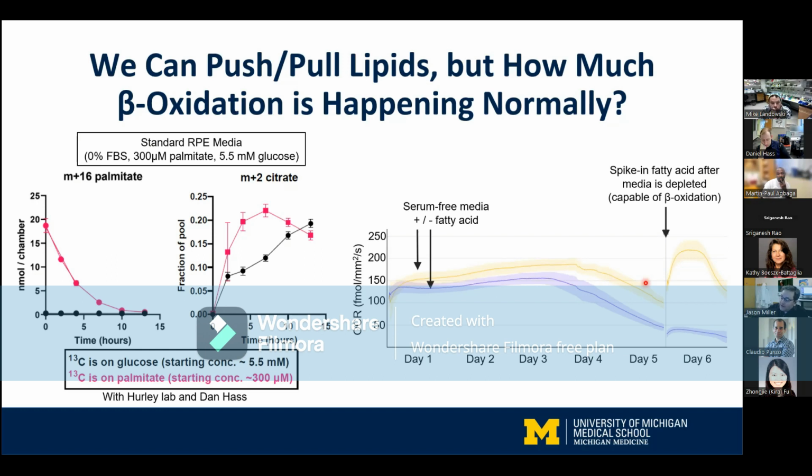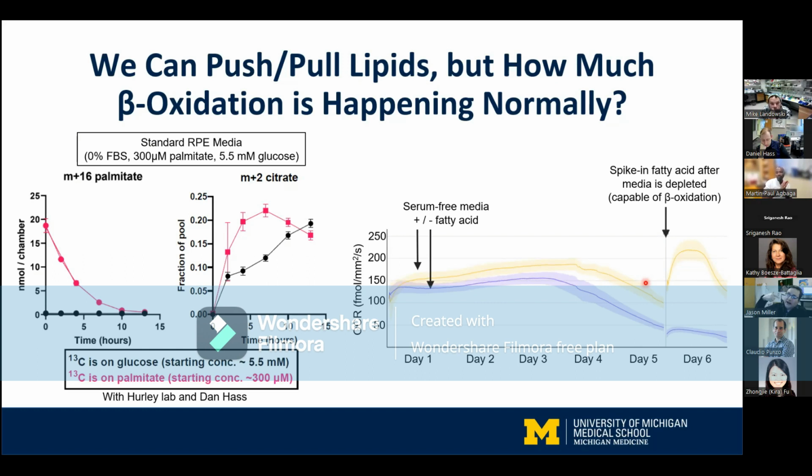And we were inspired by these types of experiments. So what we've done is we've collected media at various time points during the depletion rate and done metabolite analysis to understand which are depleted.